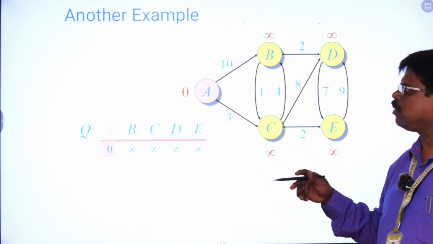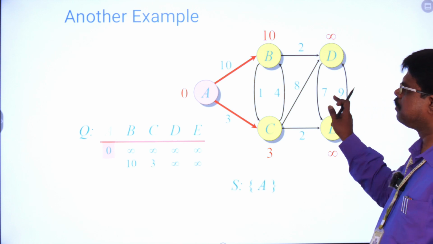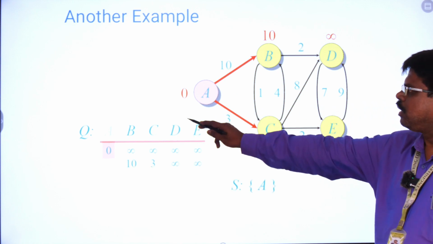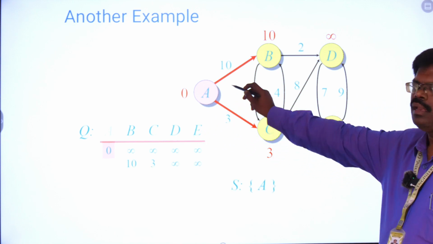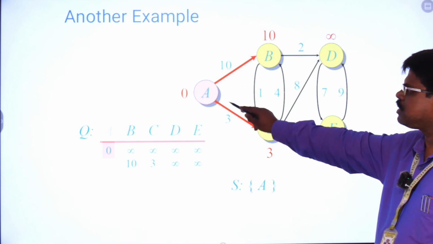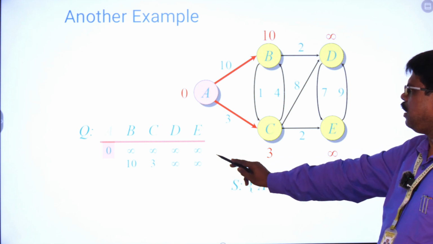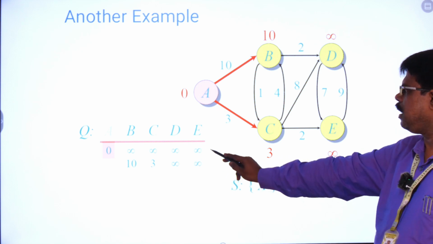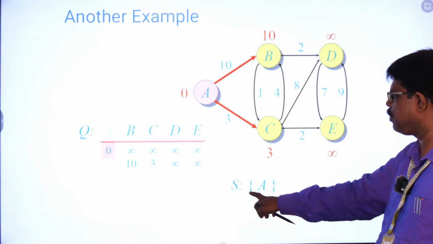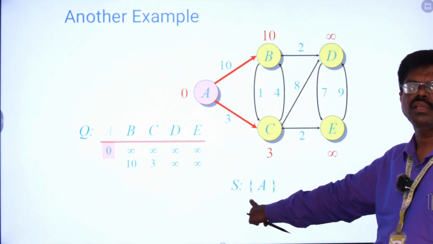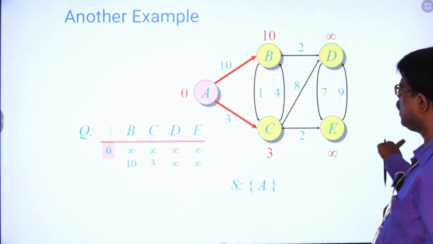You can update the neighboring nodes and find the distance. If you take this question, A will be the minimum value where you can start the source node with 0, B is 10 and C is 3 and D is infinity and E is infinity. So first thing you have to take the starting source node S, A.